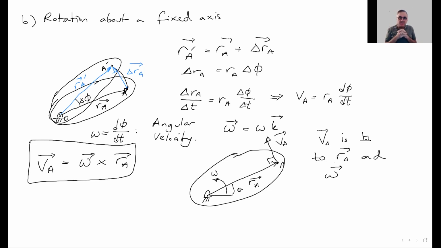Okay. And then we will do the accelerations, but at this point we will introduce the complex numbers and then write this expression in terms of complex numbers and so on.